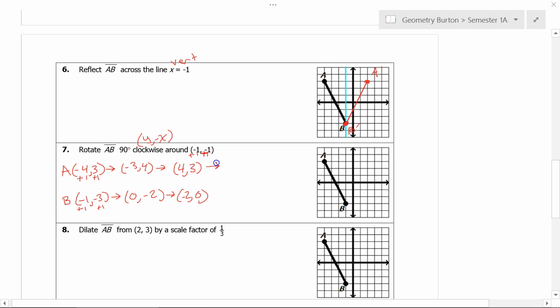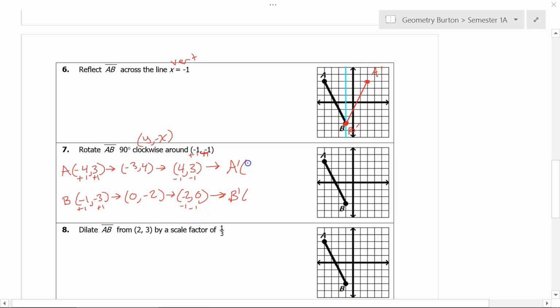Okay, the last thing you have to do to get your final answer, your A prime and your B prime, is you need to undo what you did. So we moved to the origin, now we have to move back. If I added 1 to everything to move the picture to the origin, then I need to subtract 1 to undo that. So this is me putting everything back the way I found it.